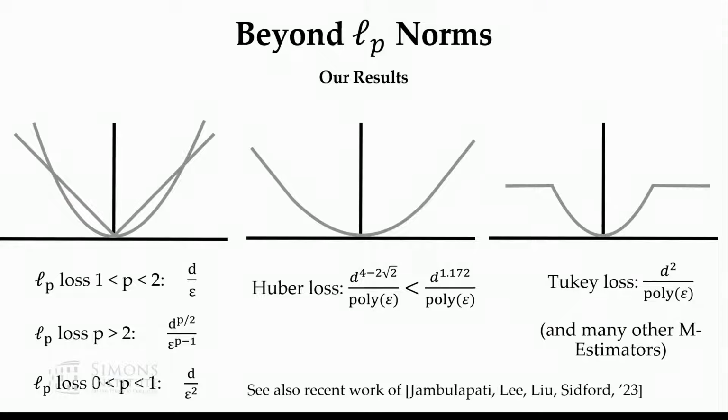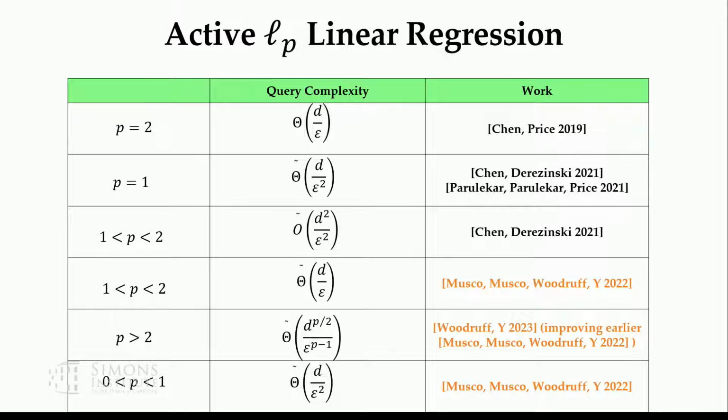Sorry, David, quick question. So is p equals 1 also 1 over epsilon, or is it 1 over epsilon squared? No, so this is very interesting. When p is 1, these papers show that d over epsilon squared is tight. They provide a lower bound. And once p is slightly larger than 1, so we're assuming here p is a constant between 1 and 2, then the bound becomes d over epsilon, because there's a phase transition at p equals 1.